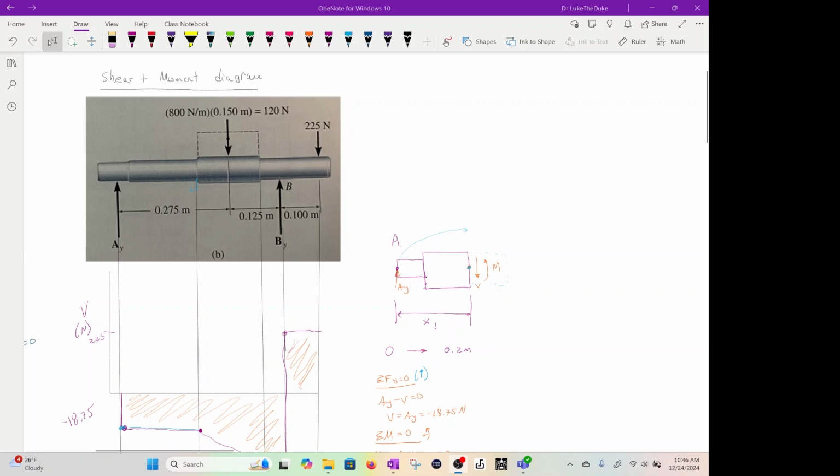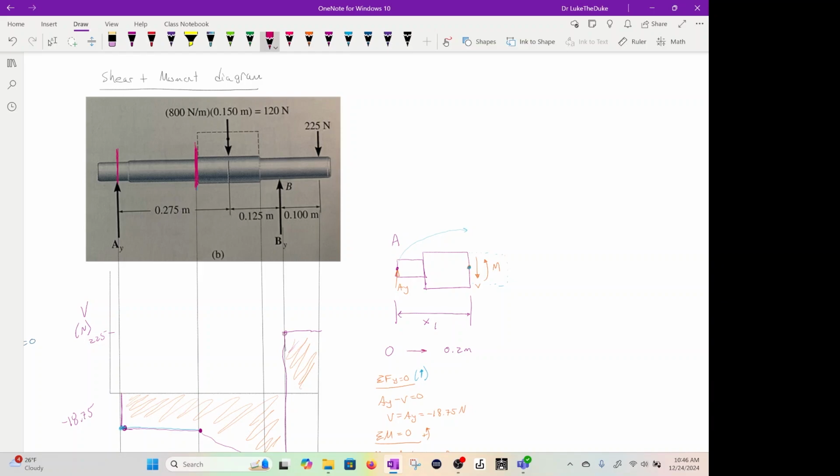We're going to first look at between 0, which is right here, to point 2, which is, sorry, I wanted to erase the blue there, right here.